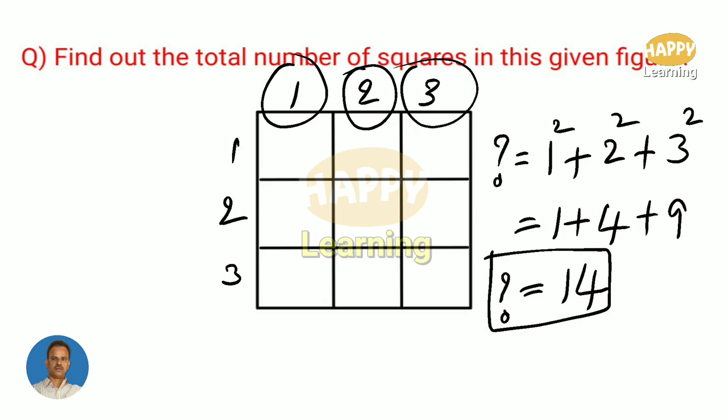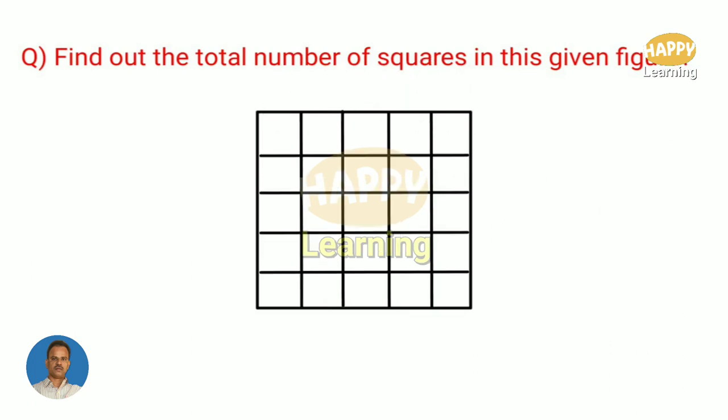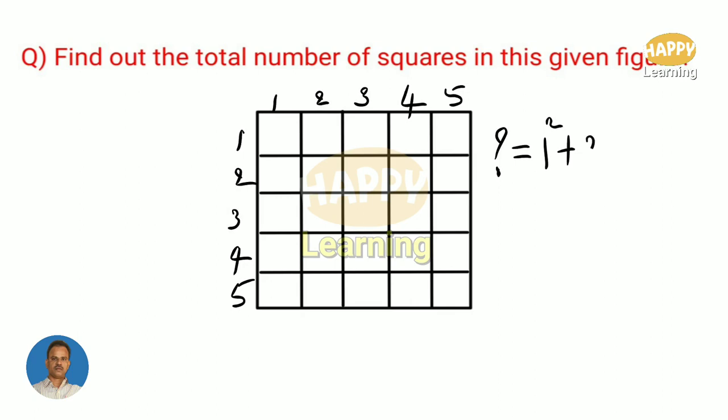Okay, right. Next, column 1, column 2, column 3, column 4, column 5. First row, second row, third row, fourth row, fifth row. Here the number of squares in this figure is equal to 1 square plus 2 square plus 3 square plus 4 square plus 5 square.